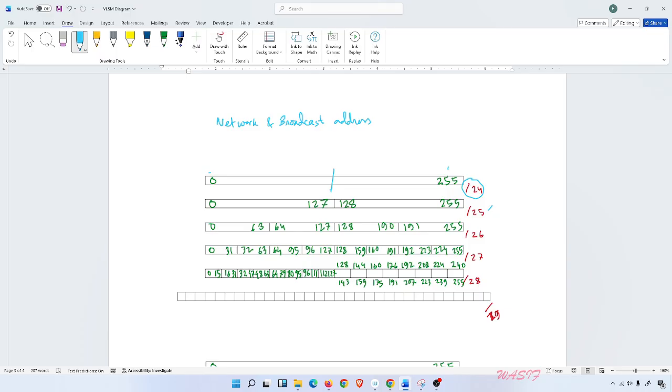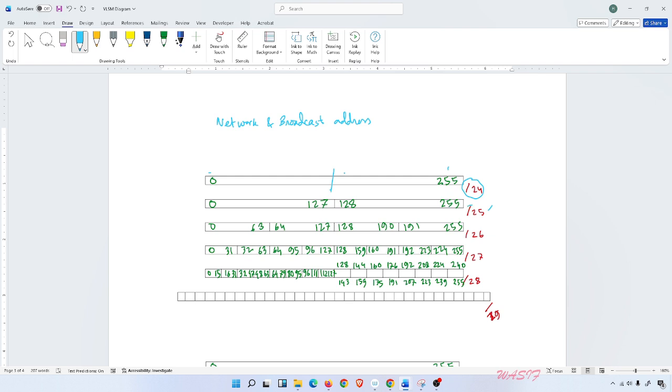So when we divide it into halves, because the number of addresses is fixed, you cannot go below 0 or above 255. When you divide it into halves, you get 0 to 127, then 128 to 255.